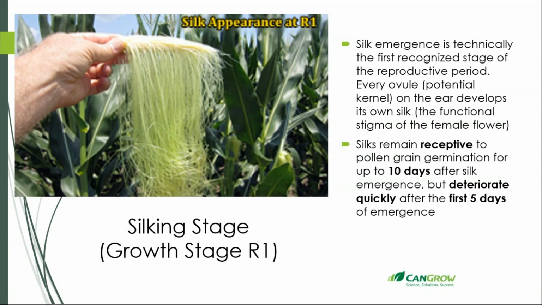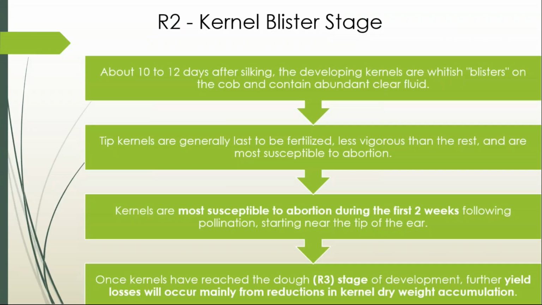Really, it's that first 5 days that we want to focus in on. It's generally not the number of pollen, it's the synchrony and also the size of the pollen that would have an impact on the number of silks pollinated, leading to the number of potential kernels on that ear.